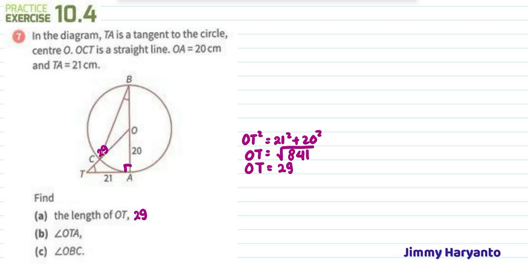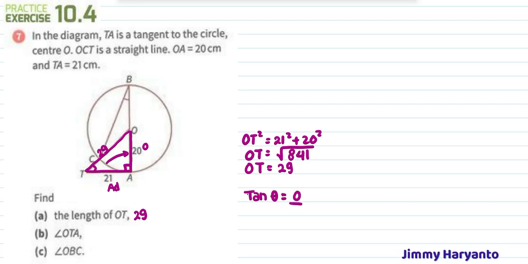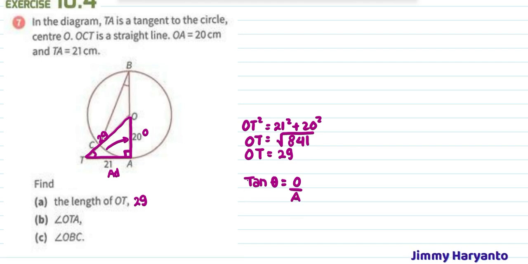Okay, to find the angle of OTA, I think I have to use this triangle. This one is the opposite and this one is the adjacent. I think I want to use the tangent formula. Tangent equals opposite over adjacent. The opposite is 20, the adjacent is 21.